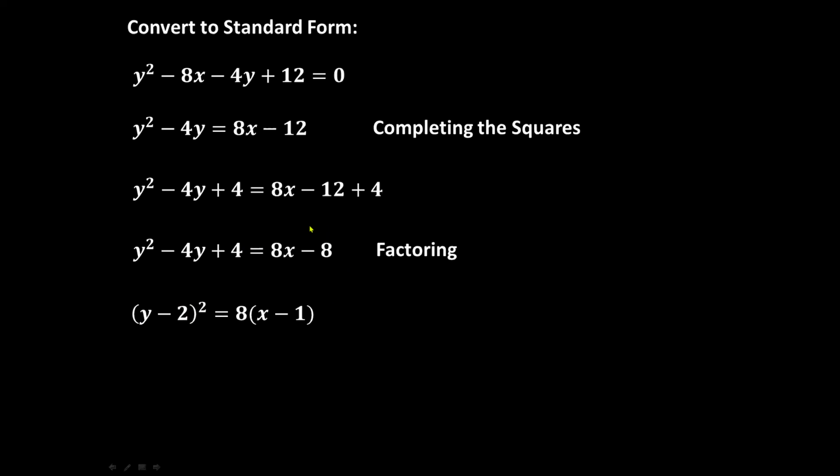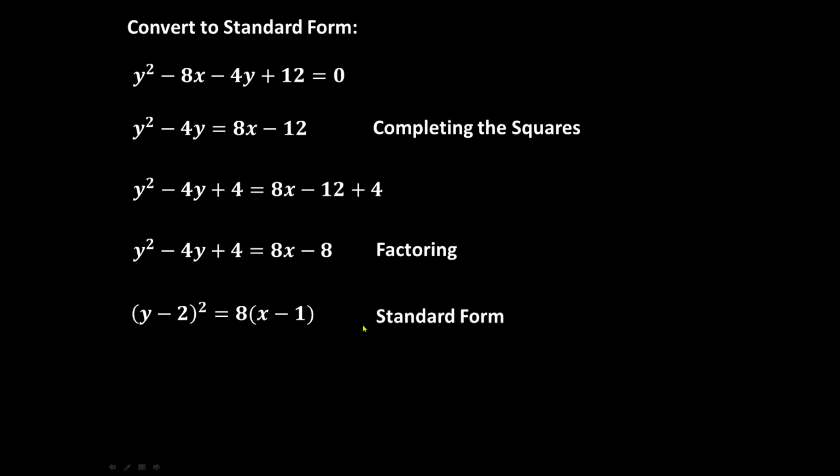Dito ipapa-factor out ko naman ang 8 sa two terms natin. So, check natin: square root of y squared is y, the square root of 4 is 2, but the middle sign here is negative, so I will use negative, and then saka ko lang square yung y minus 2. 8 times x is 8x, 8 times negative 1 is negative 8, so tama pa rin tayo.